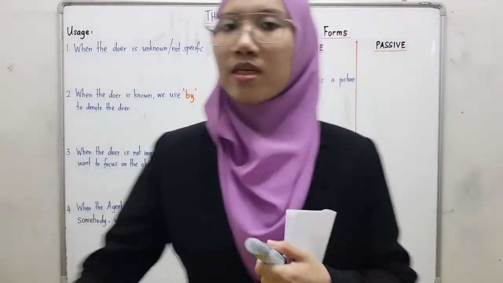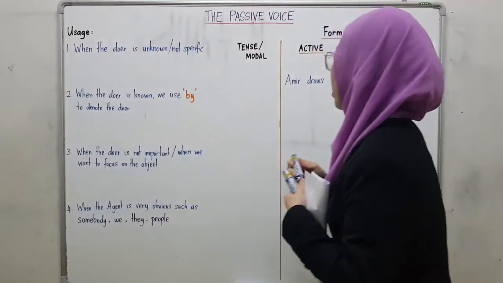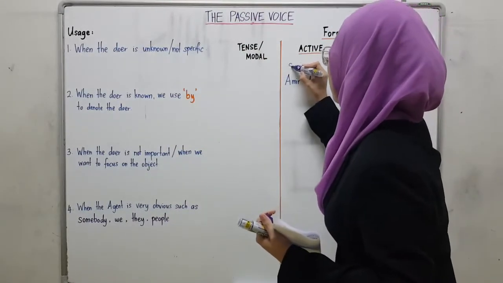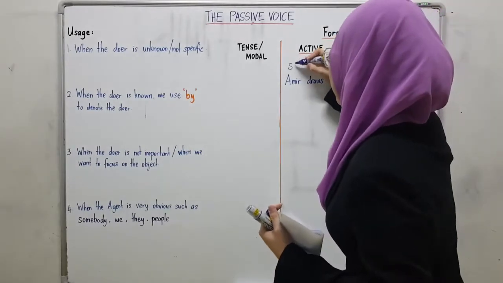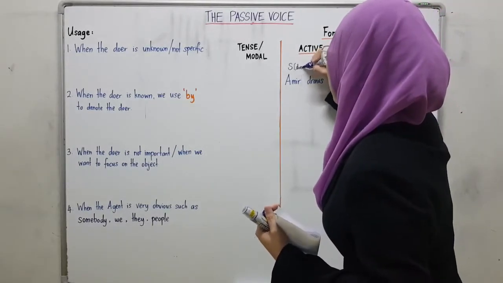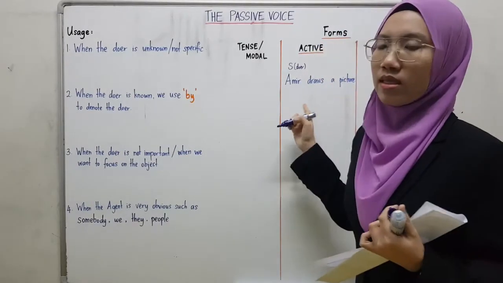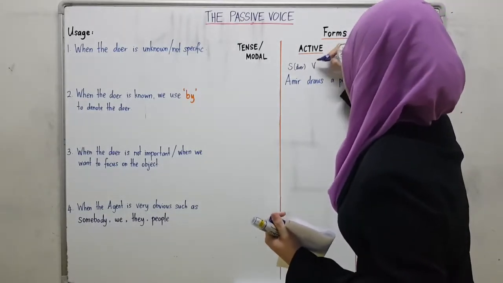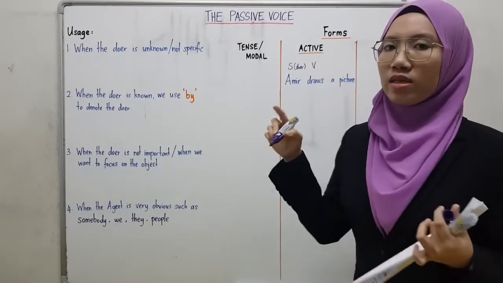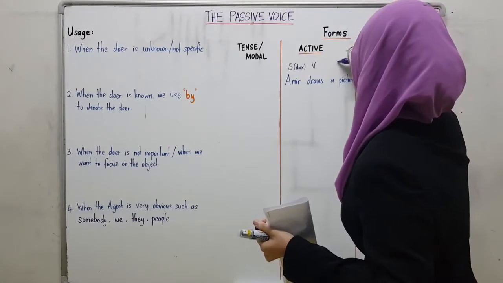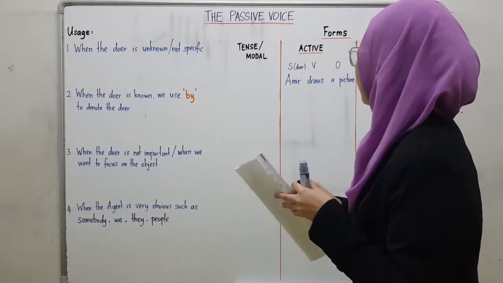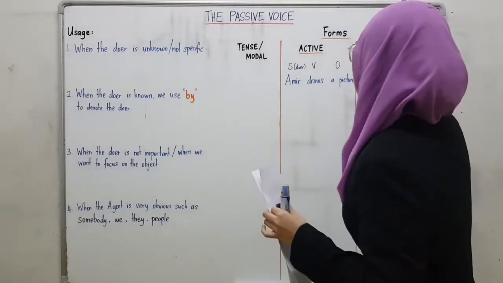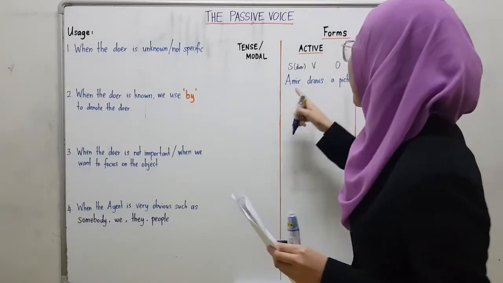So here Amir is the subject or the doer. Draws is the verb. Okay, so a picture is the object or the receiving action. So that is the active.